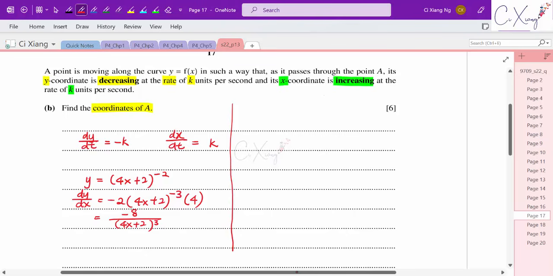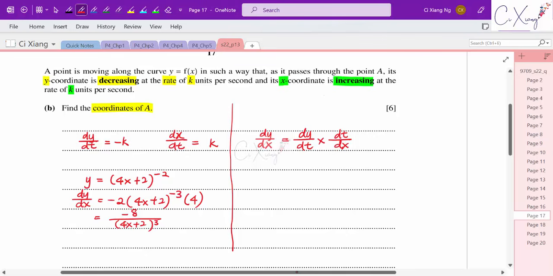Okay, and I want to find out the coordinate A by applying the chain rule here, because I'm having all the information about the chain rule. Okay, so I will let dy/dx equal dy/dt multiplied with dt/dx.